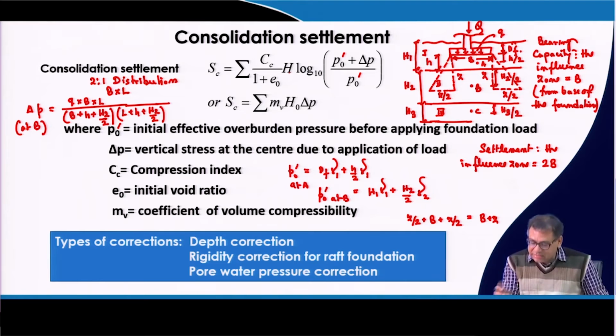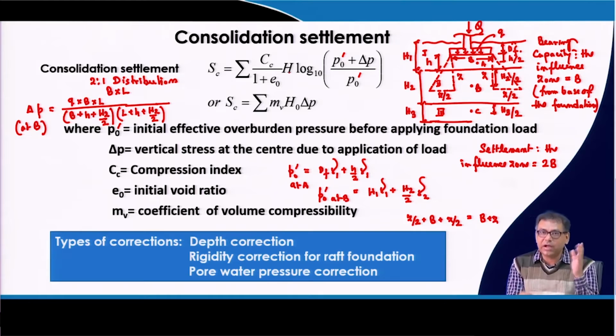That means for each layer you have to calculate the settlement, then to get the total consolidation settlement, you have to add them. That is why it is a summation. So, first you calculate the settlement contribution for each layer, and then we add them to get the settlement contribution for all the layers, that will be the total consolidation settlement.